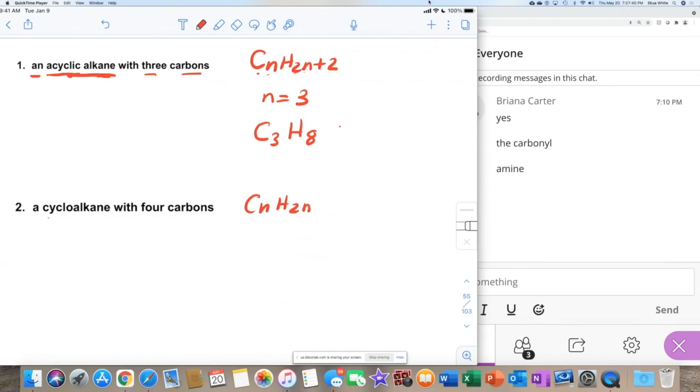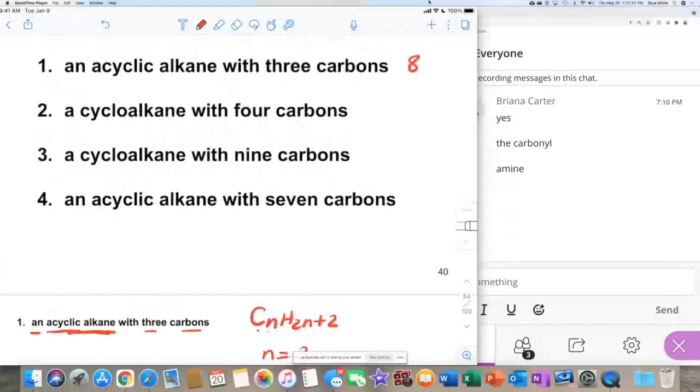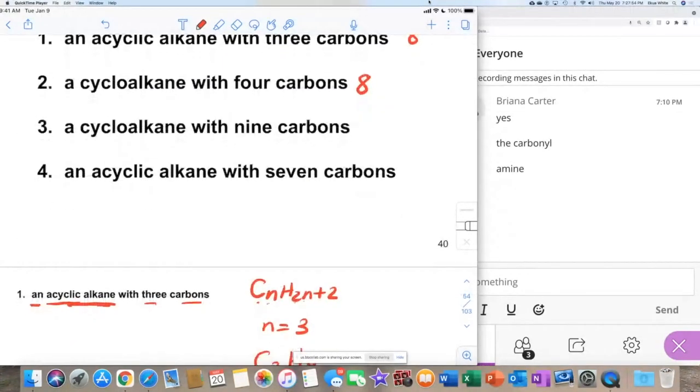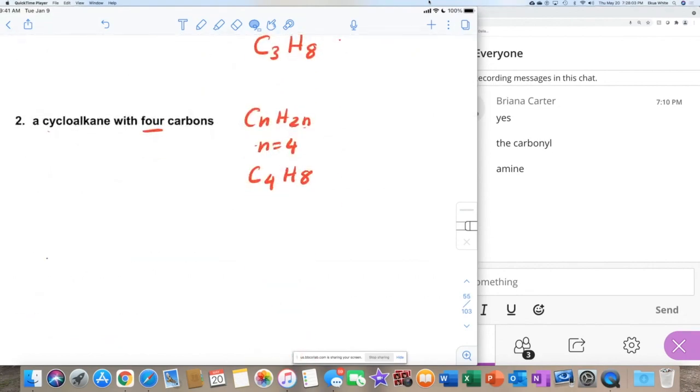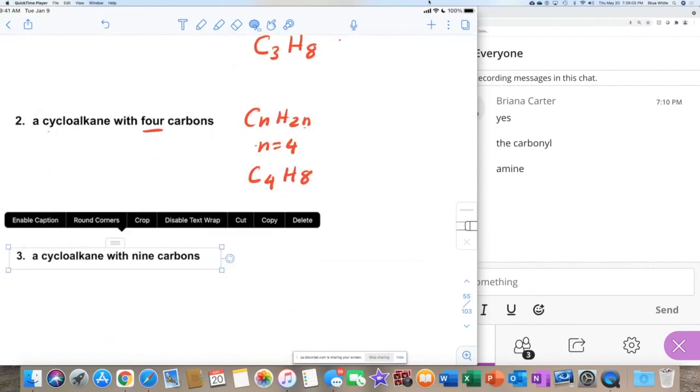So this is all we have. If it has 4 carbons, n is 4, right? So C4H, 2 times 4, 8. Huh, interesting. 8. Now I'm wondering, do all of these have 8? No. We'll see. I don't want to get ahead of myself. Okay, copy. And let's see this right here.